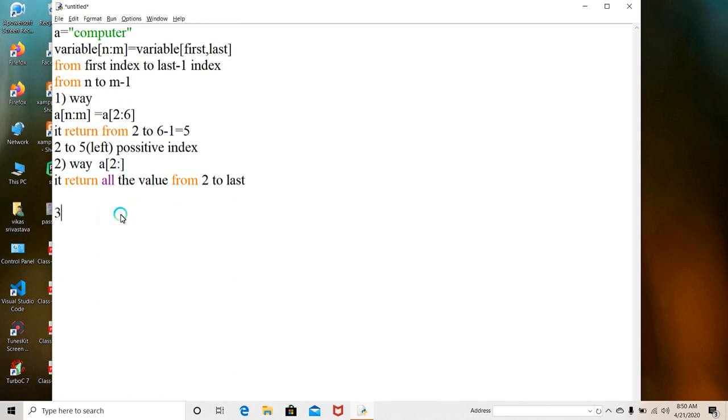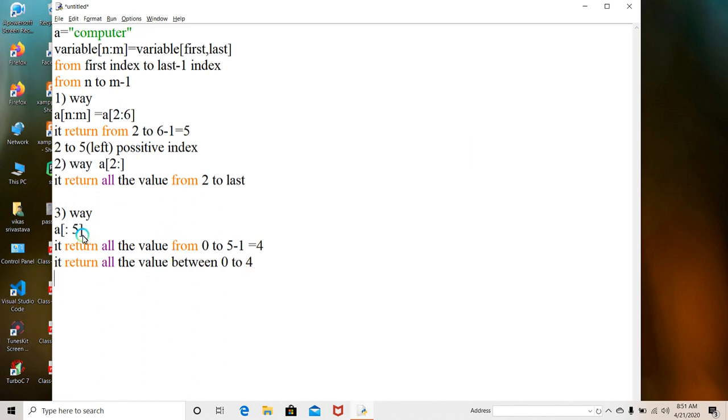But here the third way, if we write a, leave the first value, and the second value we give here is 5, that means it returns all the values from 0 to 5 minus 1, which is 4. That means it returns all the values between 0 to 4.